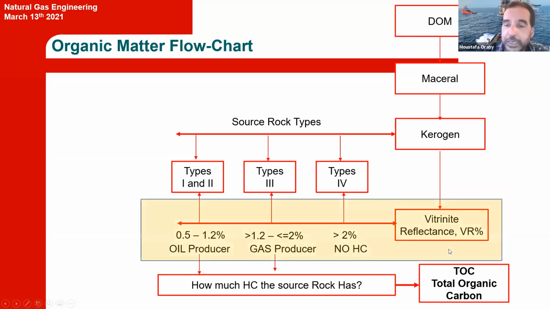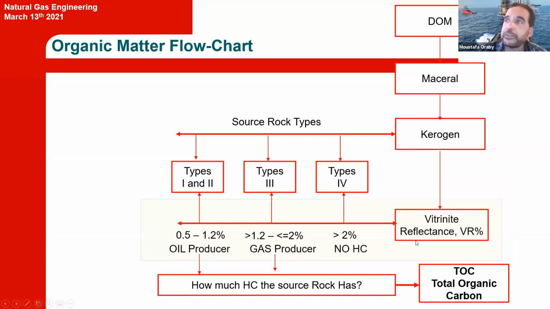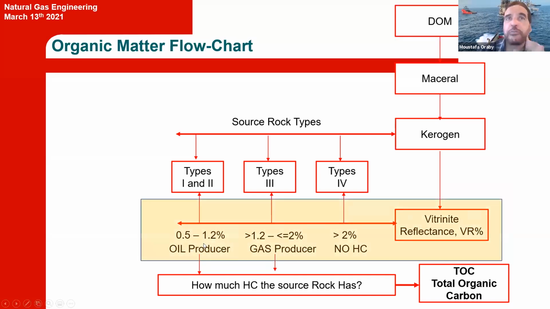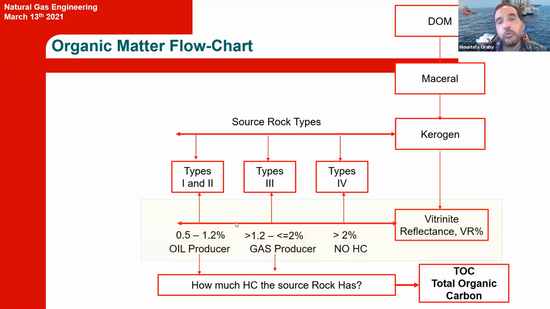So the vitrinite reflectance is a measurement of the reflection of light. If the reflection of light is between 0.5 to 1.2% of the light, that's an oil producer. So this is a kerogen that will produce oil. If it's between 1.2 to 2%, it's a gas producer. If it's above 2%, it's actually no hydrocarbon whatsoever.